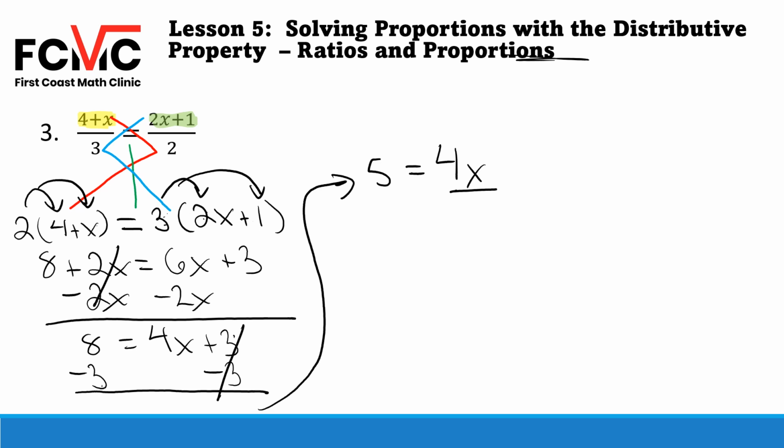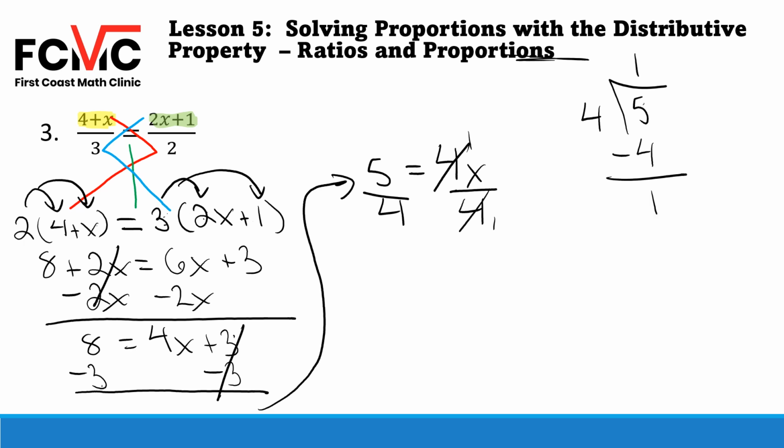Divide by 4. And divide by 4. 4 divided by 4 is 1 and 1. Let's do the division off to the side here. 4 goes into 5 once. Subtract, we get 1 left over. Put a decimal point in our answer. Bring down a 0. 4 goes into 10 twice. 2 times 4 is 8.